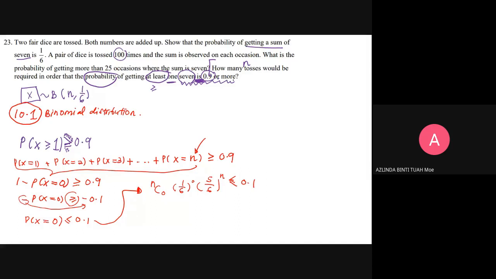In order to solve this particular part, you have to know that nC0 is always 1. Doesn't matter what n is, it is always 1. If you don't believe it, you can press the calculator: 2C0, 4C0, 5C0, all values are 1. And you have to know one more thing: anything to the power of 0 is 1. Meaning that we just have to solve this part.